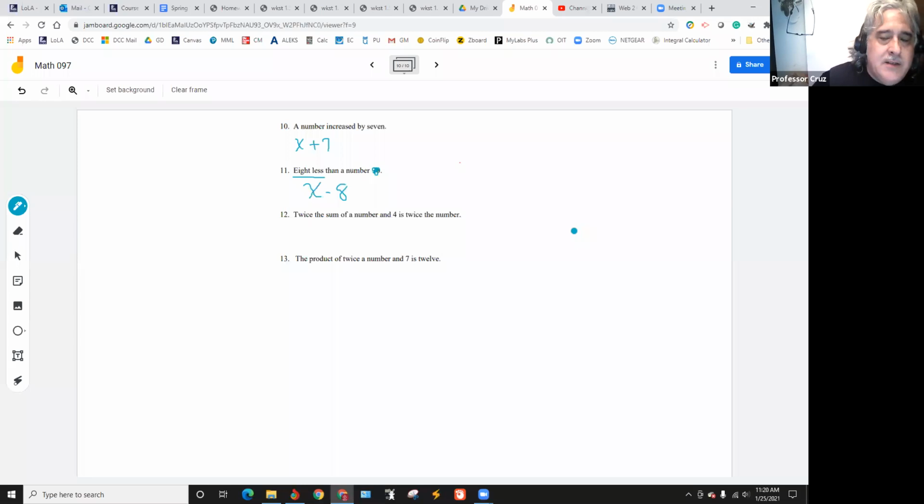So 8 less than a number, there's only one way to represent it, by taking 8 from whatever x is. So again, if x were 20, then the expression would be worth 12 because it's 20 minus 8, 20 take away 8. So even the order given, we have to flip it around sometimes when we're talking about those two things, subtraction and division.